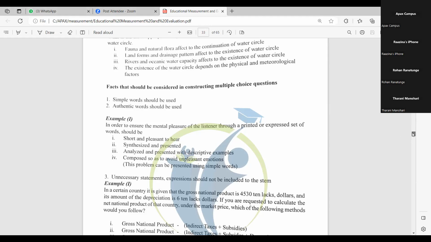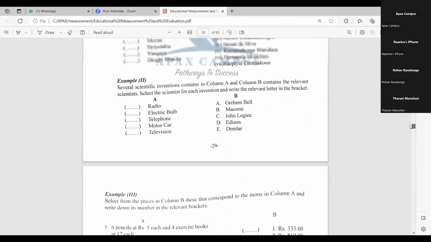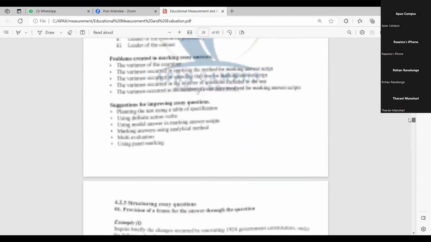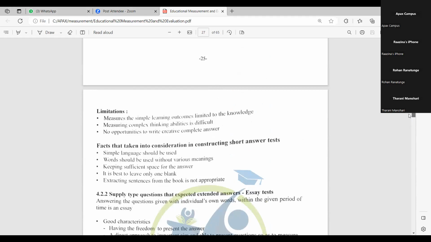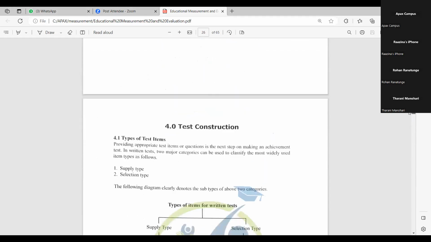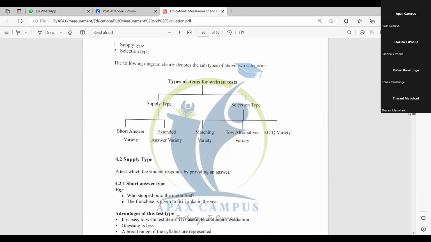Right. So these are what we discussed earlier in our last lesson. Different types of questions: supply type and selection type. Supply type was divided into two, short answers and extended answer variety.